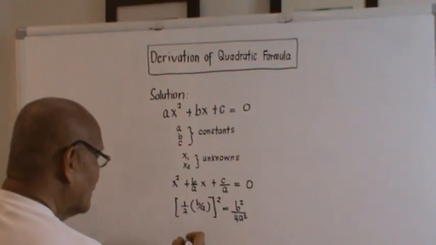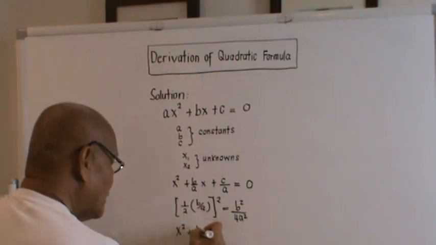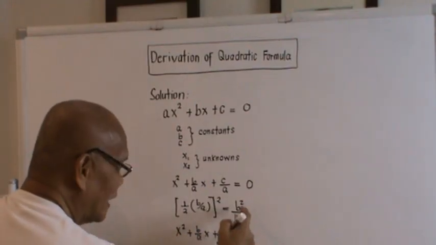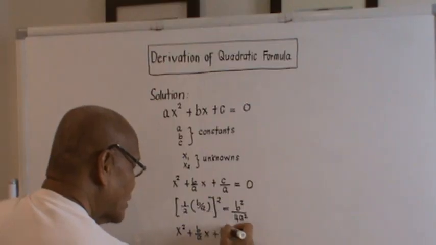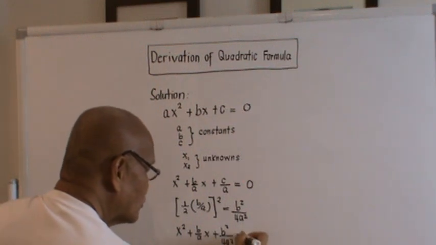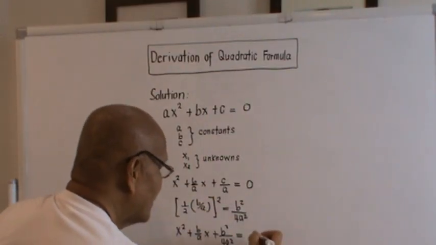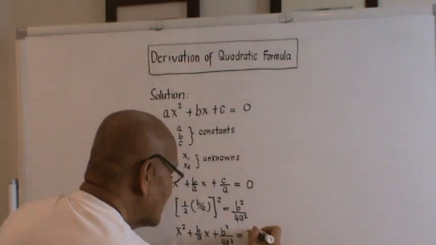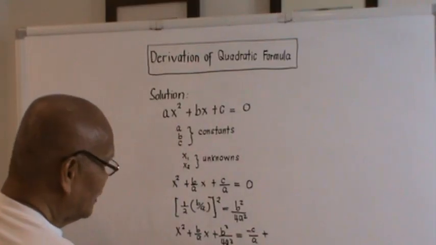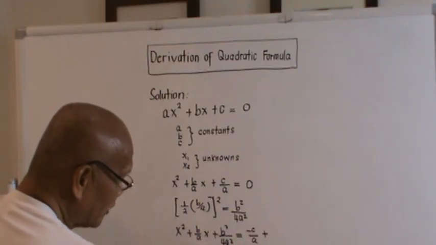So what's next? We rewrite x squared plus b over a x plus, we'll add this one here, b squared over 4a squared, and they should be equal to, we transpose c over a to the right hand side, so it will become minus c over a, plus, for the left hand side we add this one, so for the equation to be balanced, we add b squared over 4a squared also on the right hand side.